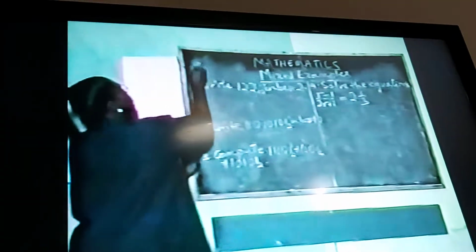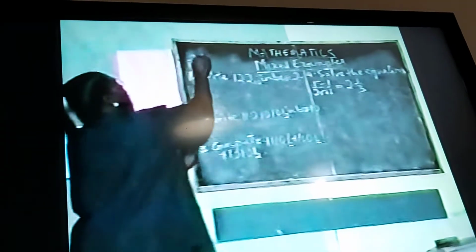You make a table of powers of 2. And 2 raised to power 6 is 64. Now, obviously, 2 raised to power 7 will be 128, and we only have 122. So the highest power of 2 we have is 2 raised to power 6.